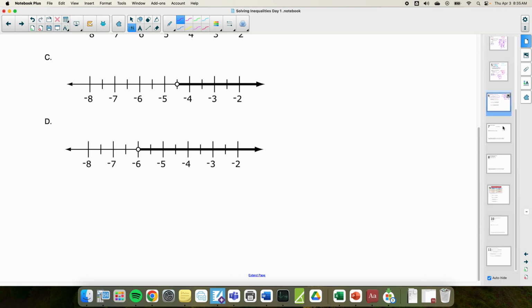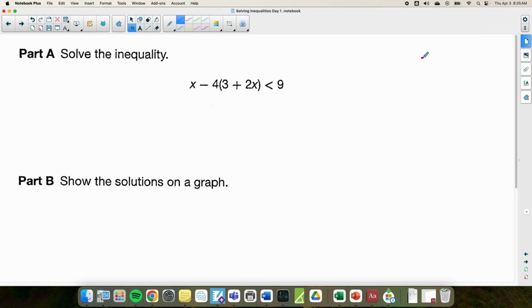Okay? Now if we look at this one, when it doesn't have the multiple choice, that means that's one of those that you're gonna have to show your work on, okay? So make sure you're showing your work on this. We're gonna distribute that minus 4. Negative 4 times 3 is negative 12. Negative 4 times 2x is minus 8x. And that is less than 9. Okay? 1x minus 8x is negative 7x.